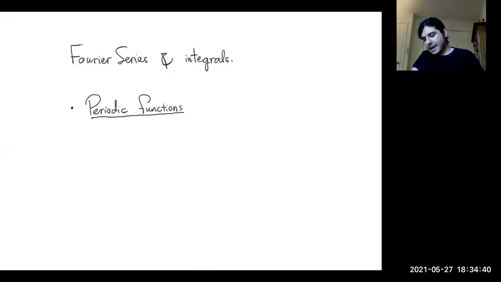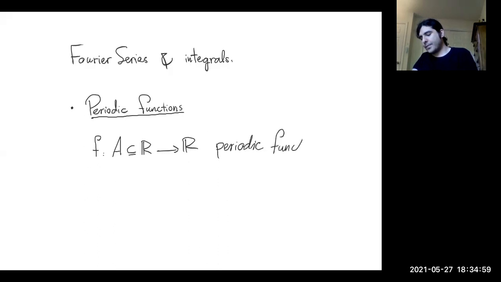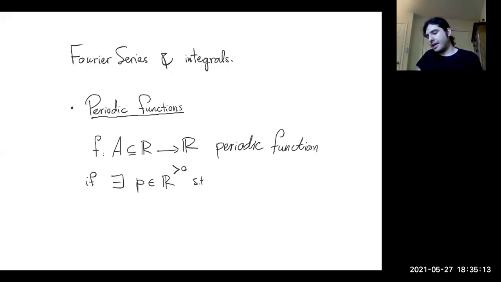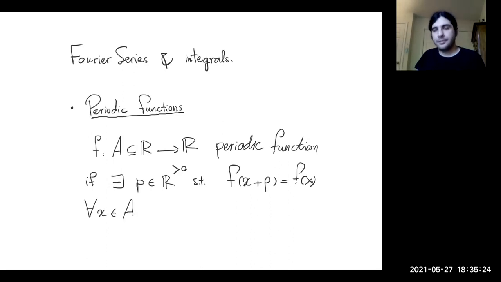So we say a function f, defined on some subset of R to R, is a periodic function if there exists some positive real number p such that f of x plus p is equal to f of x for any x in the domain of this function.